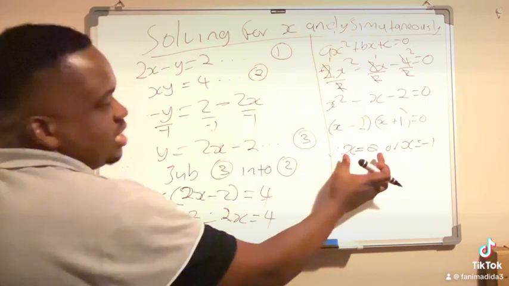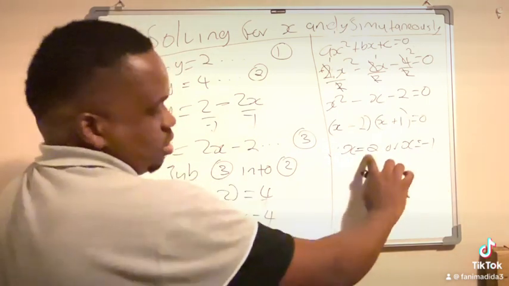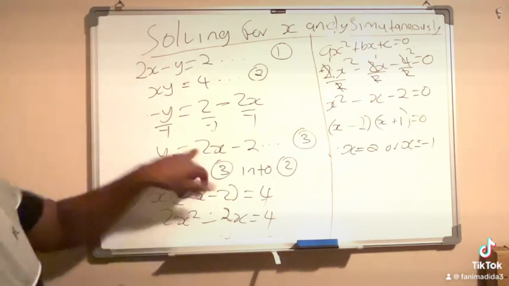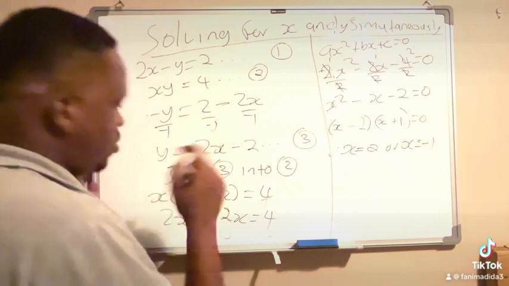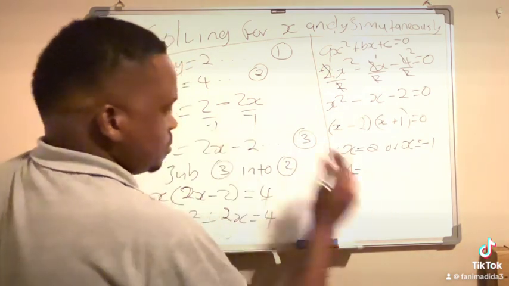So after finding these 2, you're going to substitute x is equals to 2 and x is equals to negative 1 into, let's choose equation 3 to make it simpler.